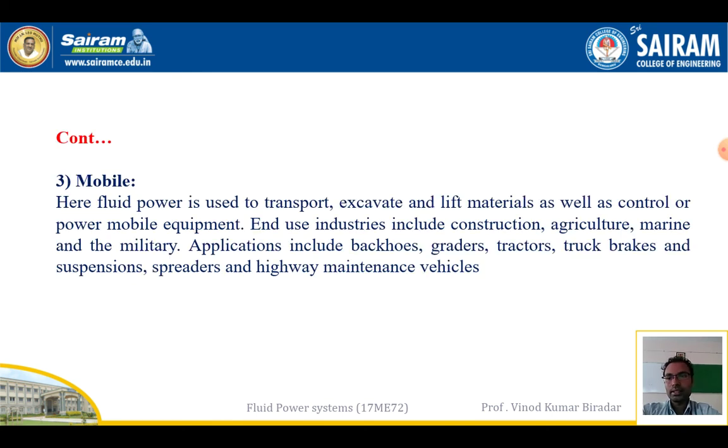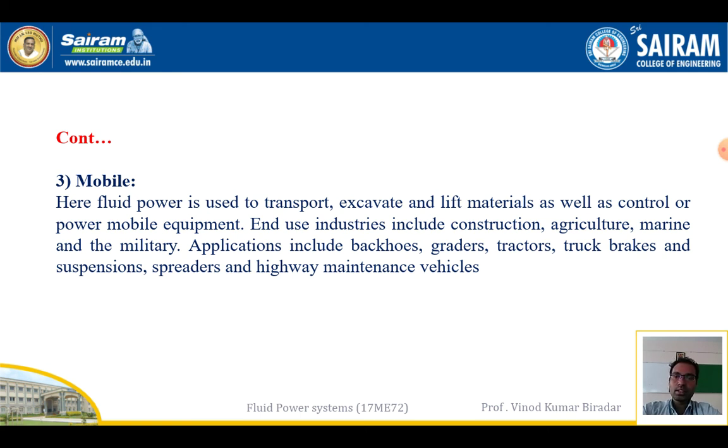In the third case, the mobile sector, we also use hydraulic power, where fluid power is used to transport, execute and lift material as well as to control mobile equipment. End uses include construction, agriculture, marine and military applications, including backhoes, graders, tractors, trucks, brakes and suspension, spreaders and highway maintenance vehicles.